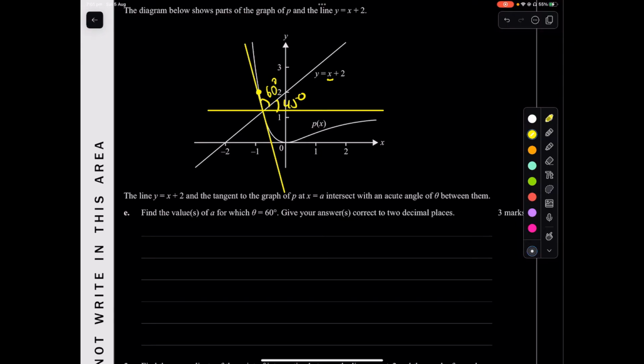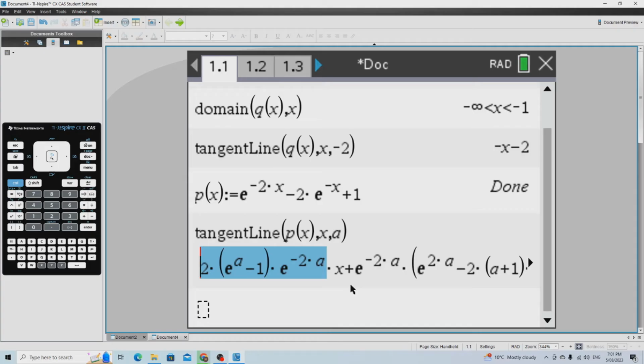Okay, we just need the gradient. Because we know that the gradient m is equal to tan of the addition of both of them, 60 plus 45, so what is your value of m?